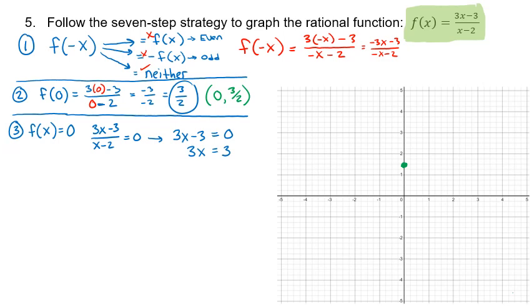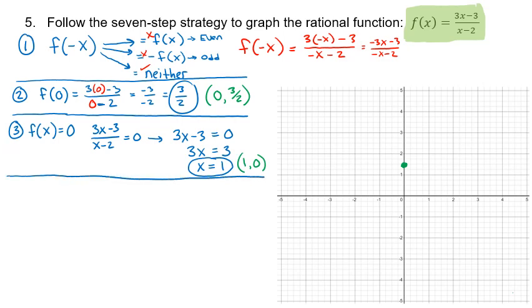We can divide both sides by 3. So we'll get x is equal to 1. So that's a point on the graph, 1, comma, 0. That's where the graph crosses the x-axis.